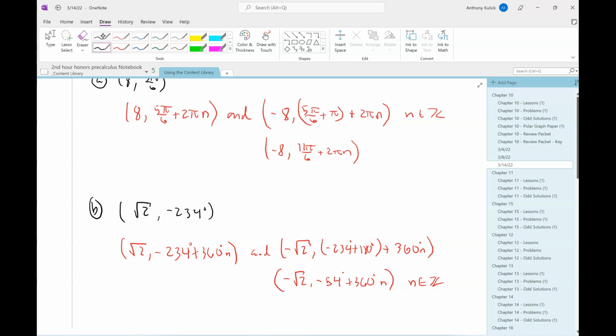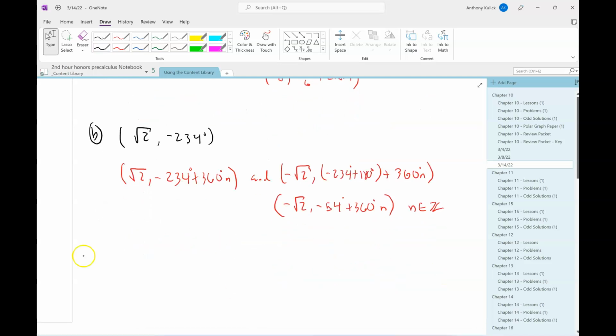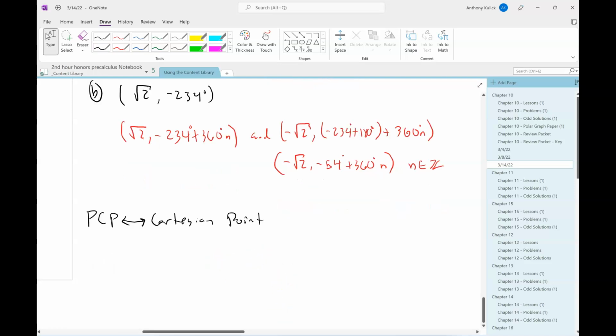Next thing we'll want to do is just talk about converting back and forth between a polar point and a Cartesian point. The things we're going to need are all things that you know.